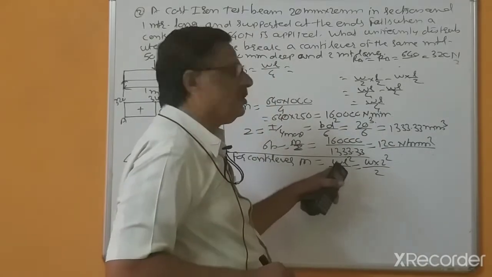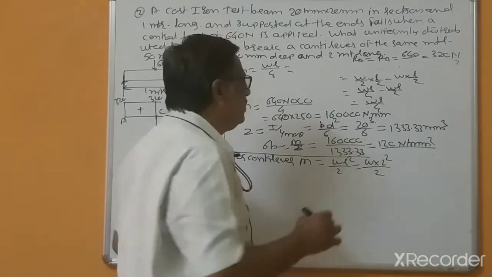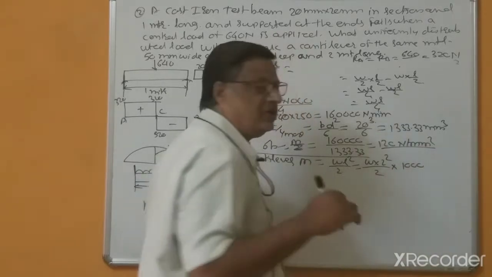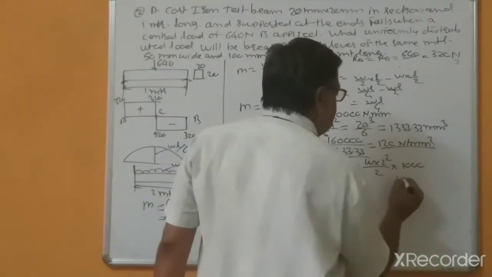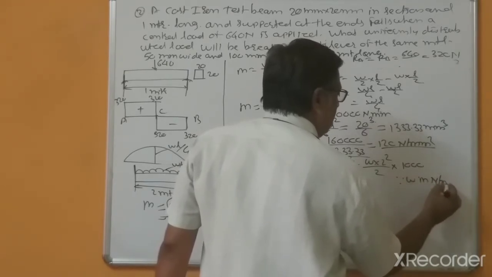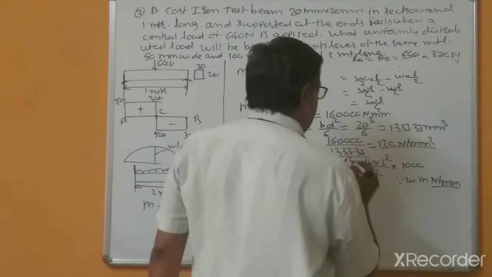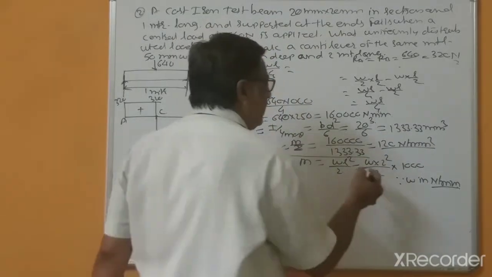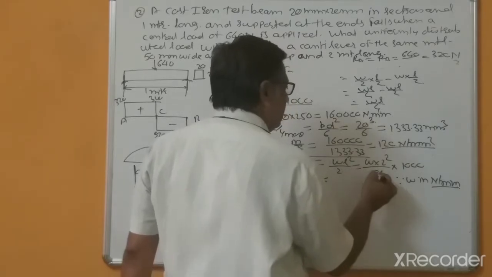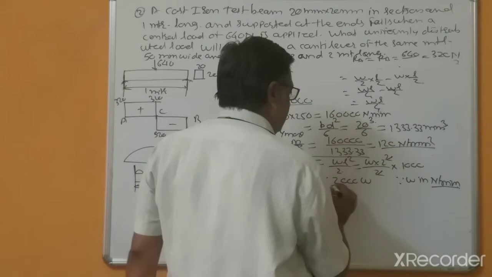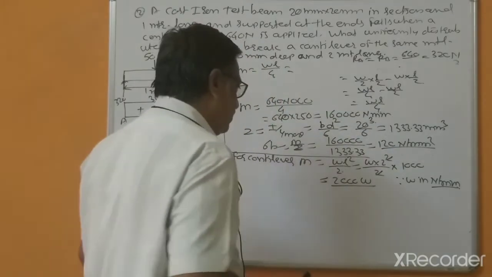Now W is in Newton per mm, so that's why here multiplied by only 1000, since W in Newton per mm, and this is meter squared. So this will get cancelled and you will get 2000 W. So try to understand this.